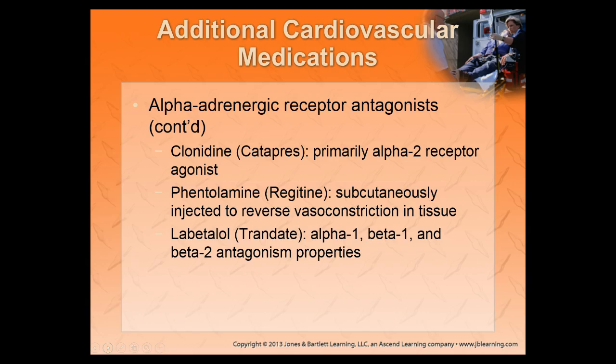Another one, phentolamine, is not one that I can remember seeing all that often, but labetalol is one that I did see every once in a while. Again, it's just a different medication that controls hypertension.